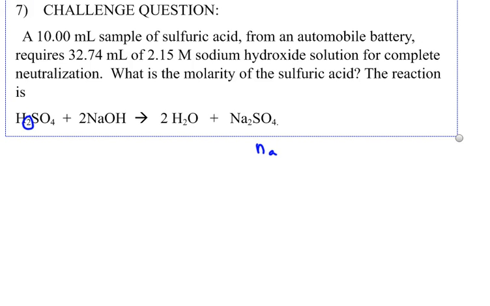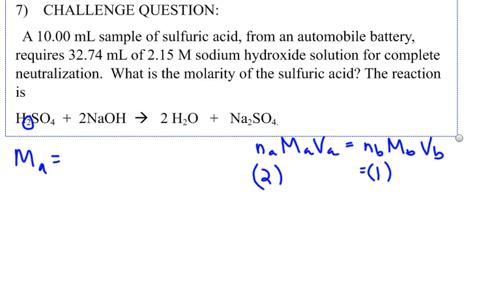So Na times Ma times Va is going to be equal to Nb times Mb times Vb. So we already know this is going to be a 2, and this is going to be a 1. All right, so let's define what we've got. The molarity of the acid is what we are solving for right there. That's how I know what is the molarity of the acid.